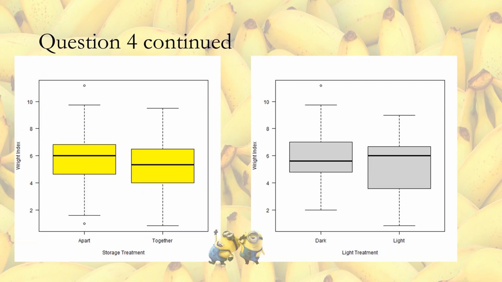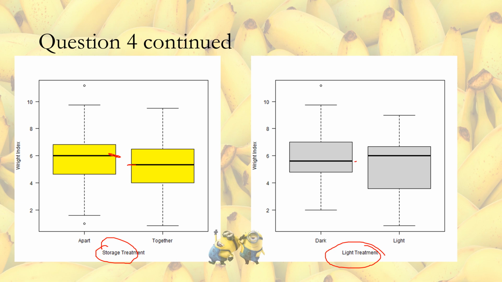So in relation to the previous slide, these are the box plots that were generated for comparing the ripeness index on the storage treatment and the light treatment. Here we can see they're fairly the same, in the same kind of range.